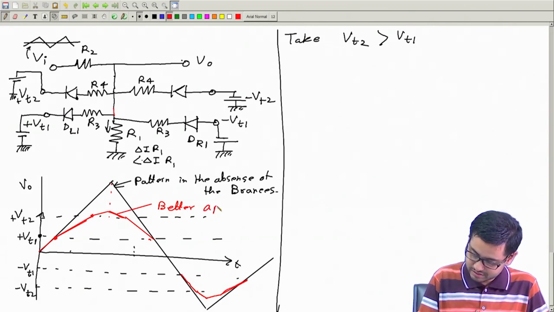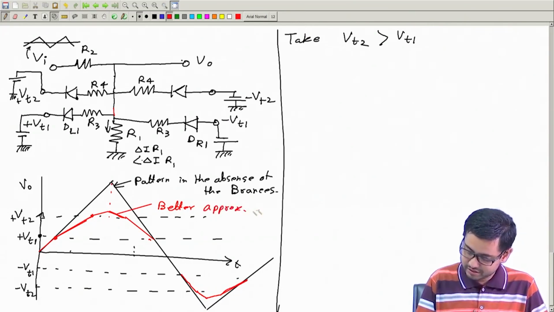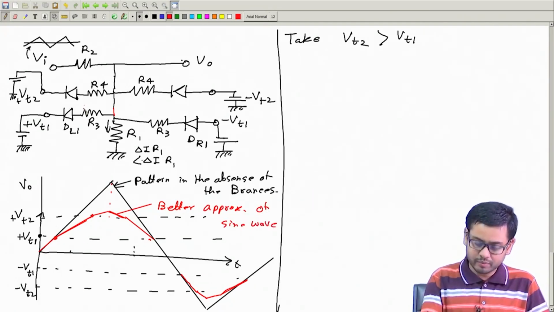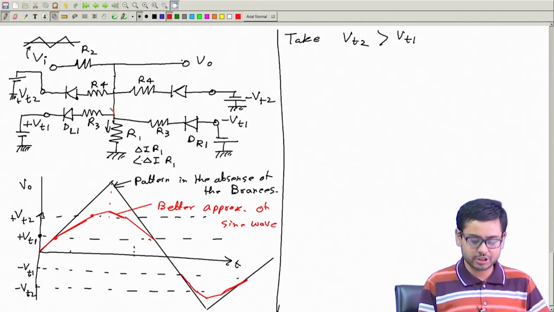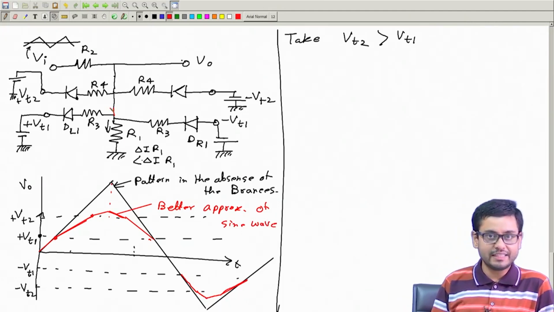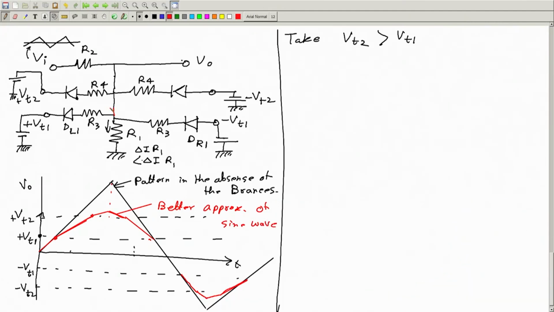Approximation of a sine wave. If you need even better, take more stages, 3, 4, as many as you want. So this way we can generate an approximate sine wave. This is not smooth, but if you have studied filters, you can give this input to a filter, then these corners will be smoothed, and you can generate a better sine wave.